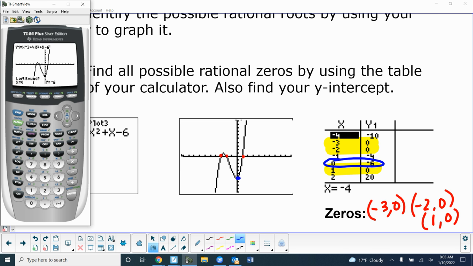Hitting the left and right arrow key will move the cursor along the graph. Okay? So I'm going to hit my left arrow key, and you can see it's moving. And as it's moving, these numbers under here are changing. It tells you what point it's at right now. It's at -1.06, -3.74. Okay?